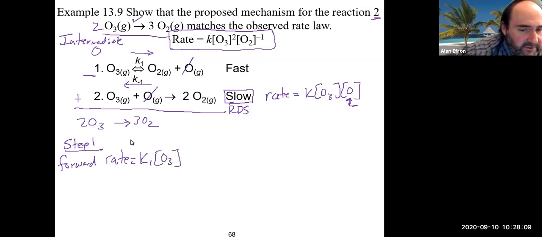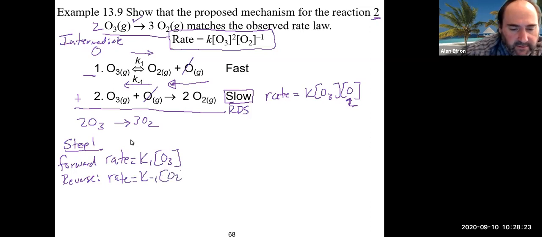Now, in the reverse direction, going from products to reactants, our products become our reactants. And that would be the rate is equal to K to the -1, O2, and O. Any questions on how I got the rate laws there? And again, you're just basically writing two rate laws, one for the forward direction, where obviously the reactants are your reactants, and one for the reverse direction, where your products become your reactants.